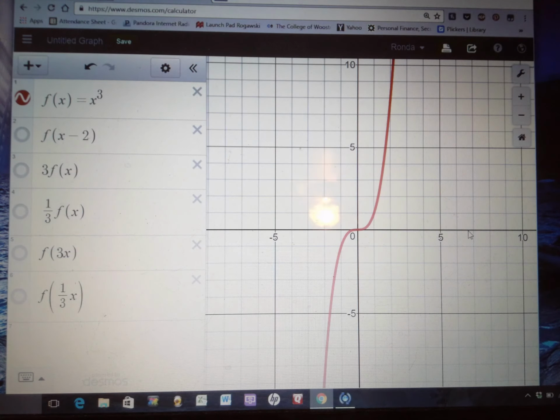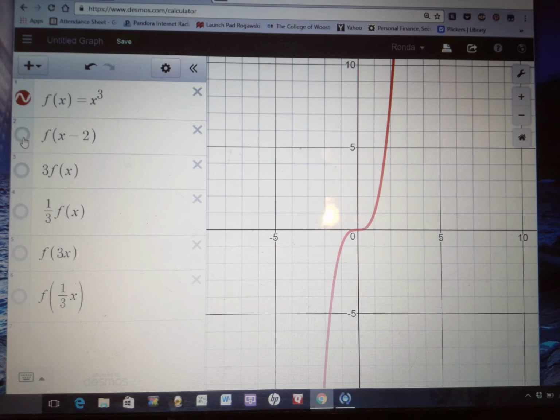Okay, so first of all, I just wanted to show you a thing that Desmos will do. If I define my f of x as x cubed, so this time I'm not using y equals, I'm using f of x, then it will actually do the transformations for me, so this is something you can practice with at home. Let's say I wanted to know if the shift f of x minus 2 was 2 to the right or 2 to the left.